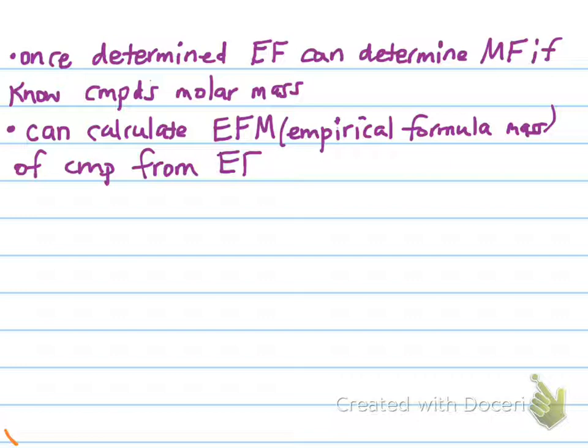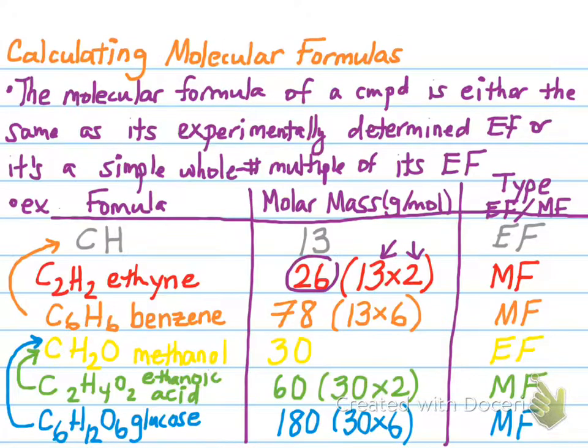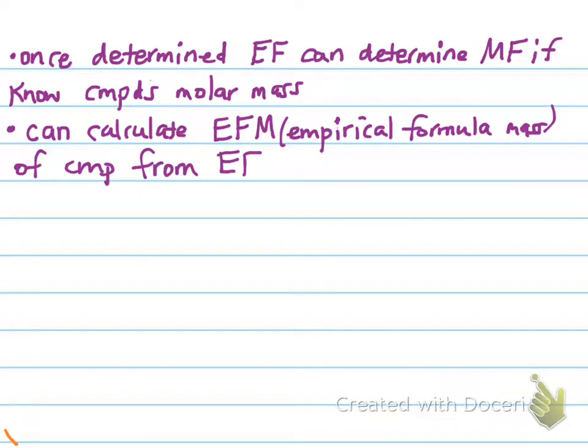formula. So you're going to take your formula just like we just did right here, and we calculated all these molar masses, okay, in this column here. You would do that. So basically this is the molar mass of your empirical formula.